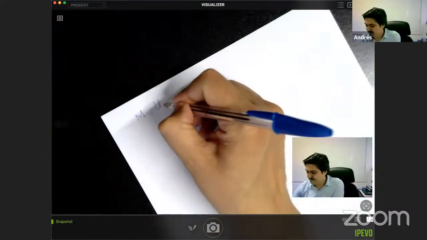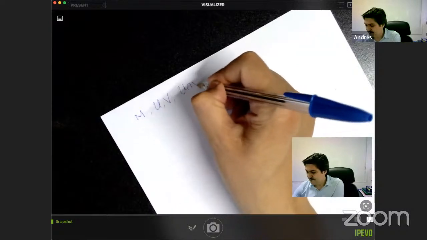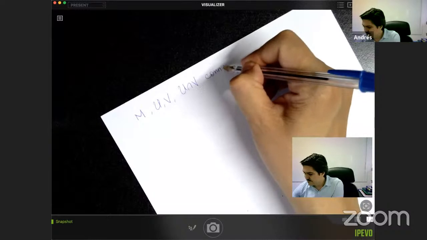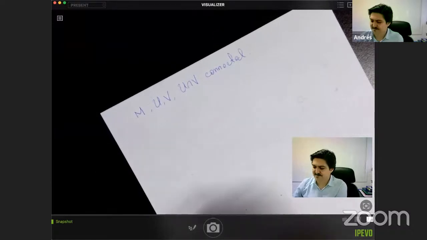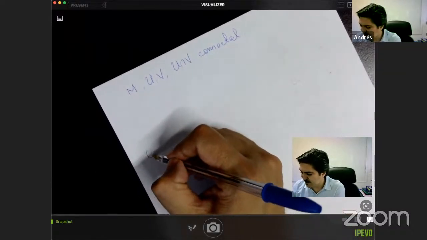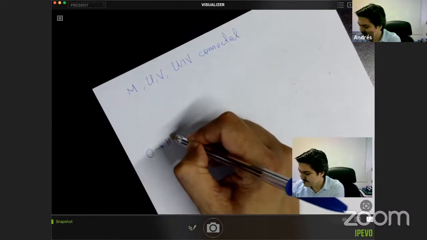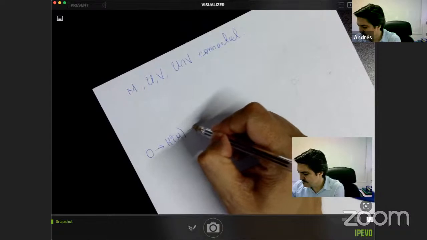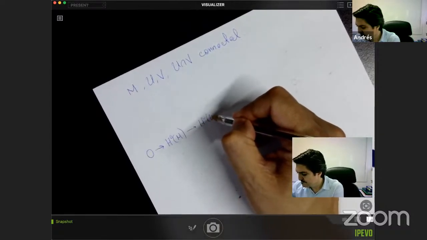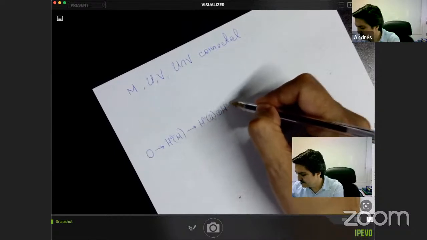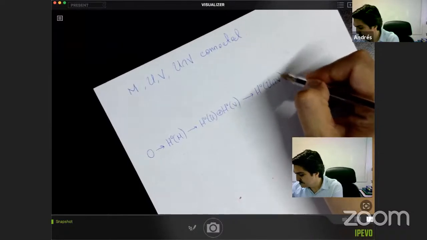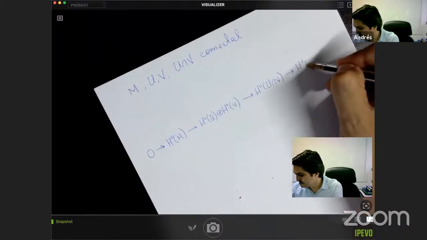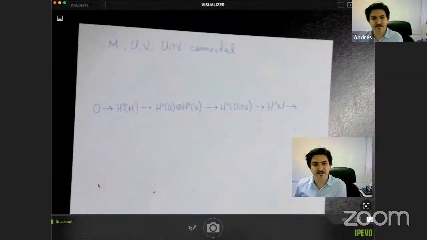Let's argue that. This is connected. Then you have this exact sequence, like this.